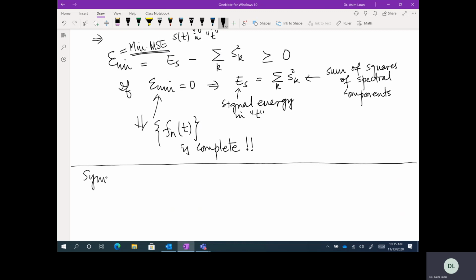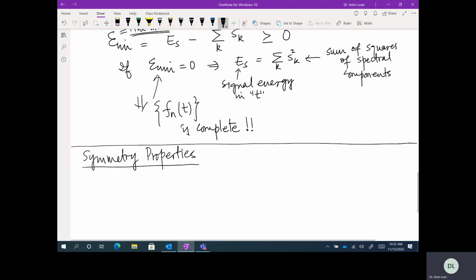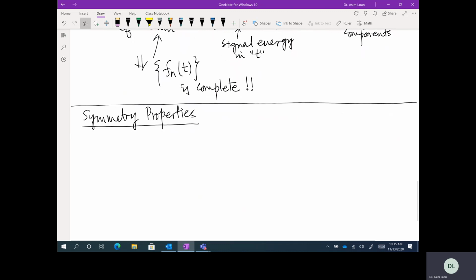So what are the symmetry properties? When is A naught equal to 0?